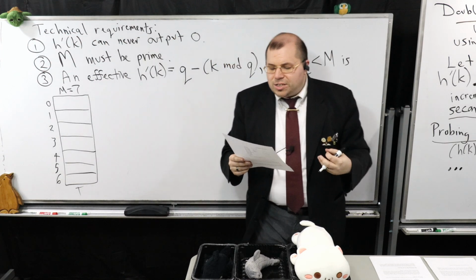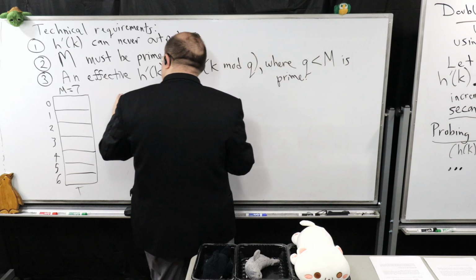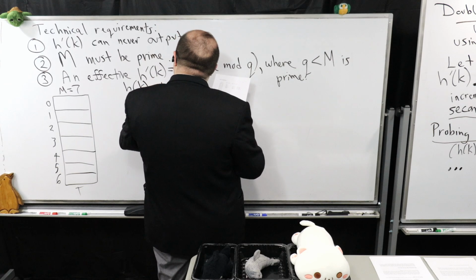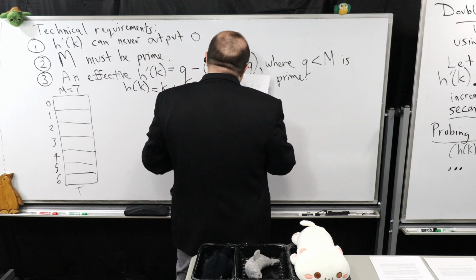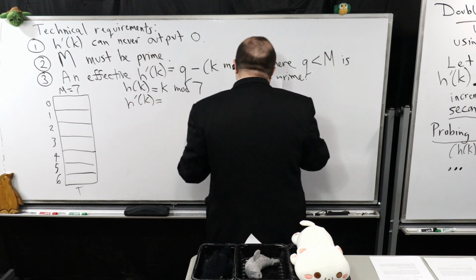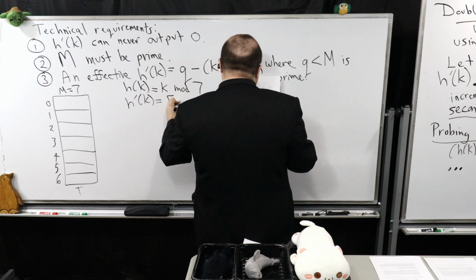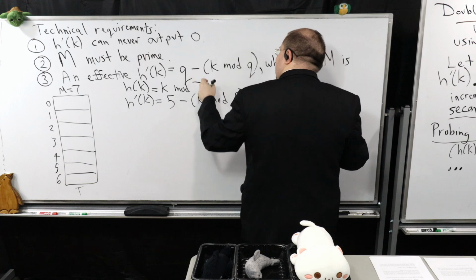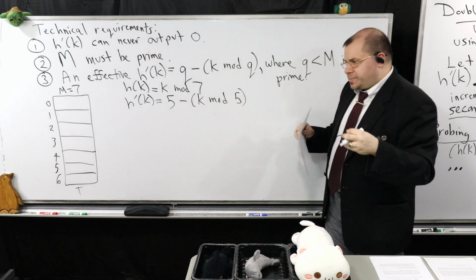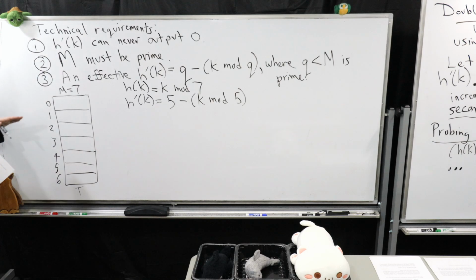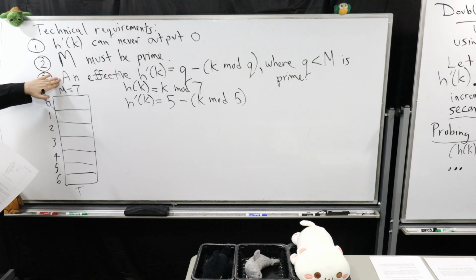And what I'm going to do is use a primary hash function H of K to be K mod 7. And the secondary hash function is going to be H prime of K, which is going to be equal to 5 minus K mod 5. So notice that I've selected Q to be 5, which meets this definition here. So I must stress that if you set this up appropriately, you should be able to satisfy this property, no problems.